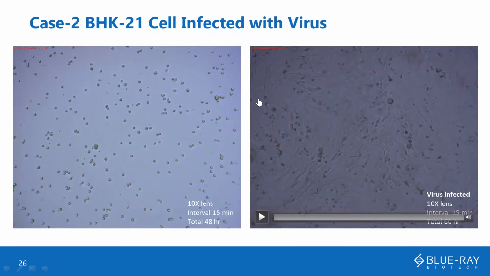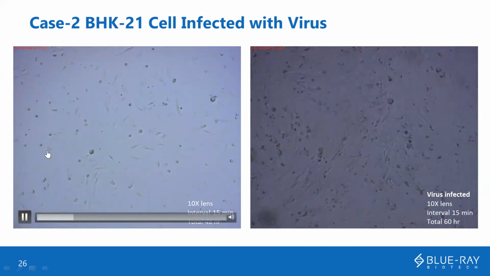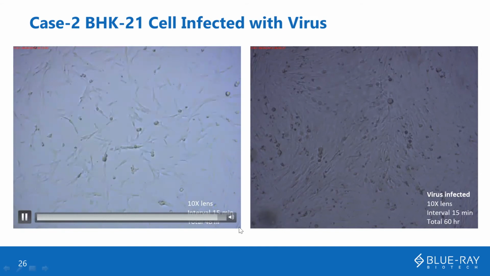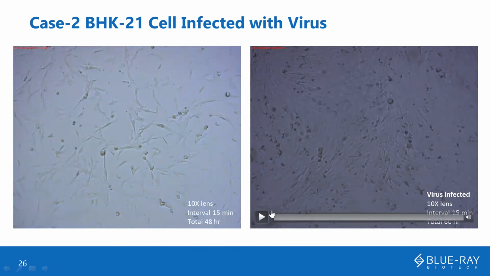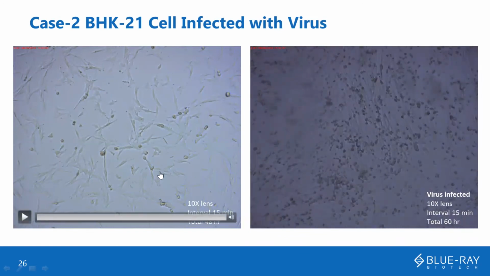And the next case also comes from Professor Wang's lab, and this is about cells and virus infection. They observed the growth of the cells on the left. They waited until it reached a certain level before infecting the cells with the virus. So this is the cell growth observation. And the right video shows the cells infected with the virus.